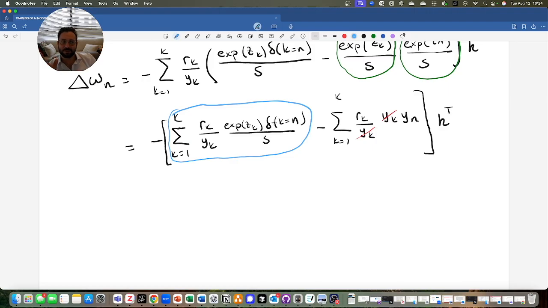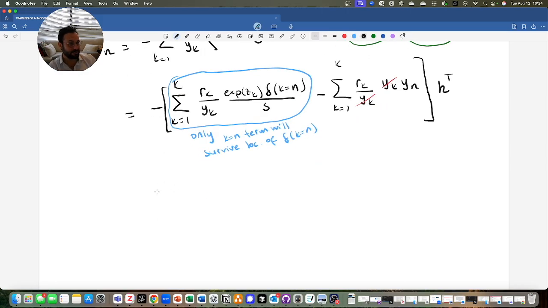So would you agree with me if I tell you everybody disappears, but only one of the K's will survive this mayhem, this summation, and which is only the K equals N term, because of the delta K equals N. They will all disappear.